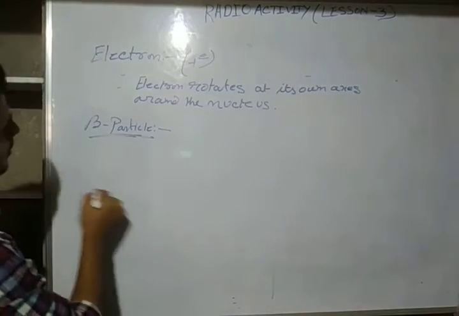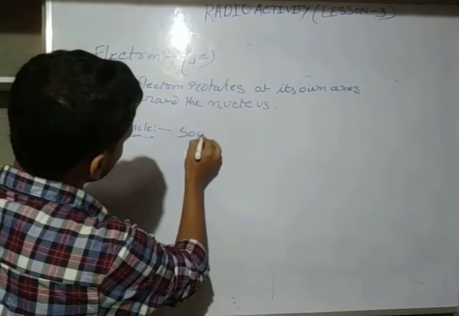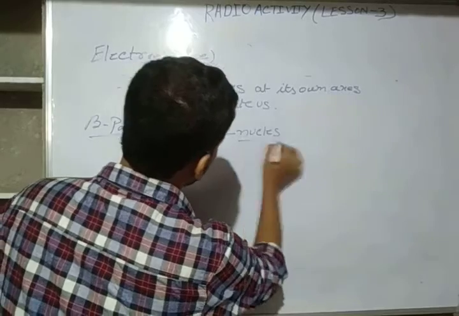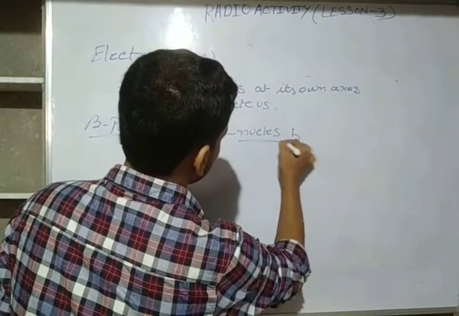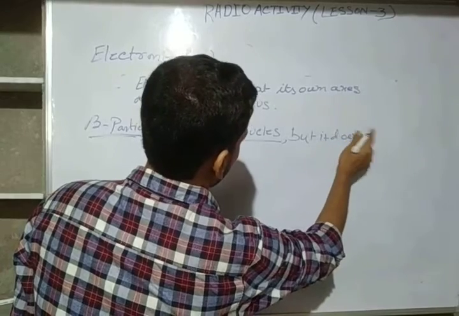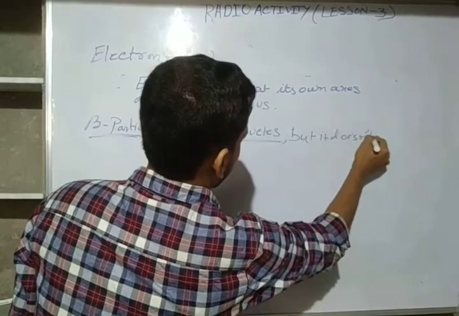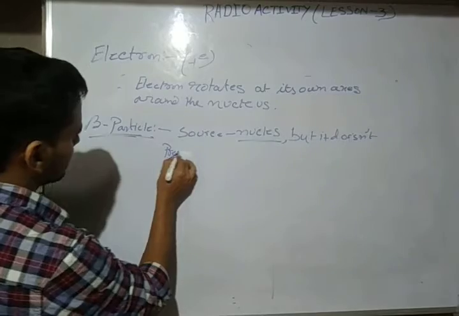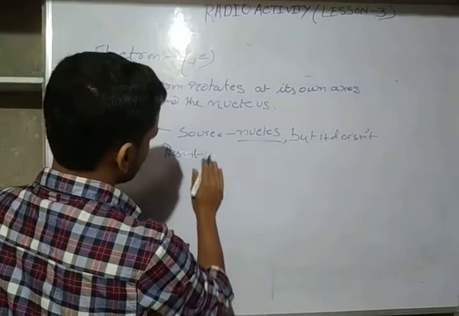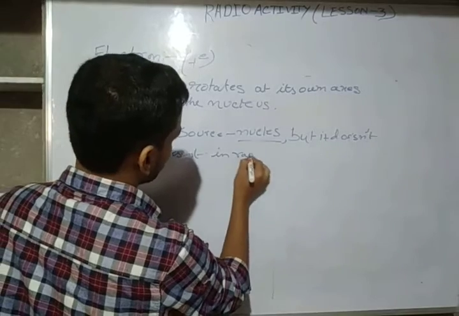Beta particle source is the nucleus, but it is not present in the nucleus. It is present in a radioactive nucleus.